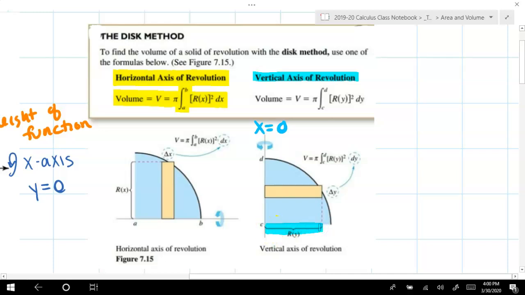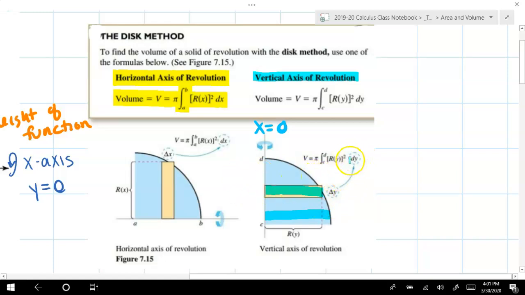out to the function from left to right. The distance out to the function is r sub y. The radius in terms of y, not x. We're studying these y values and not the x values.